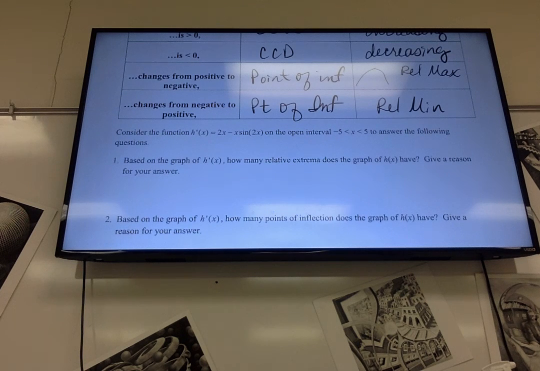You can set the same window on your Y min and Y max if you want to. What's the window again? -5 to 5. It says it right here.